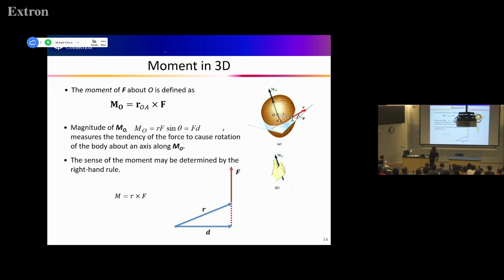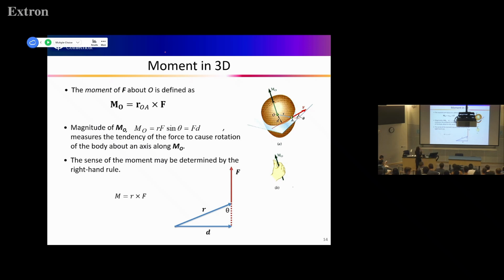It's 90 degrees, right? And r and d are not the same. If we say this angle theta is the angle between the position vector and the force, do you see the relationship between r and d using theta? Yes? What is that? Anyone who can share? Sine, yes.